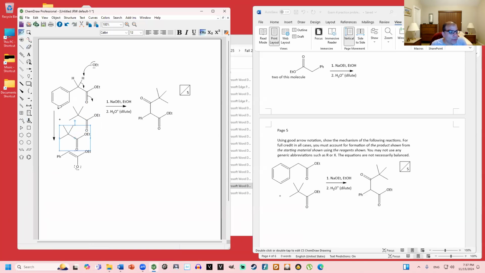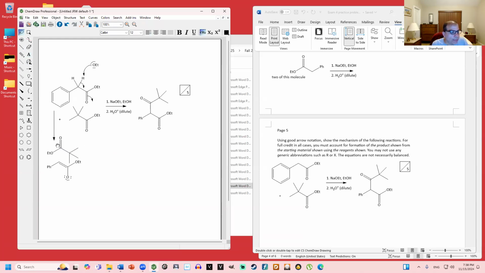into the carbonyl group of the other ester, the one that's designed to be the receptor molecule. There it is.